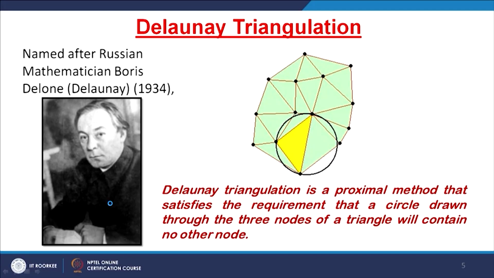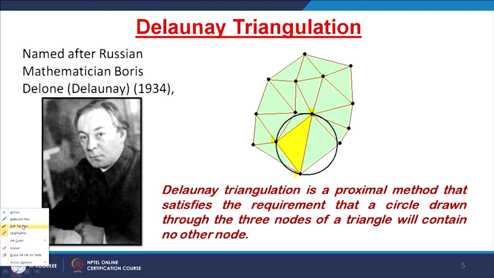What is that requirement? That if a circle is drawn through the three nodes of a triangle, it will contain no other node. So, like here the example is shown that around this yellow colored triangle, when a circle is drawn, no other nodes are present except this one and this one.